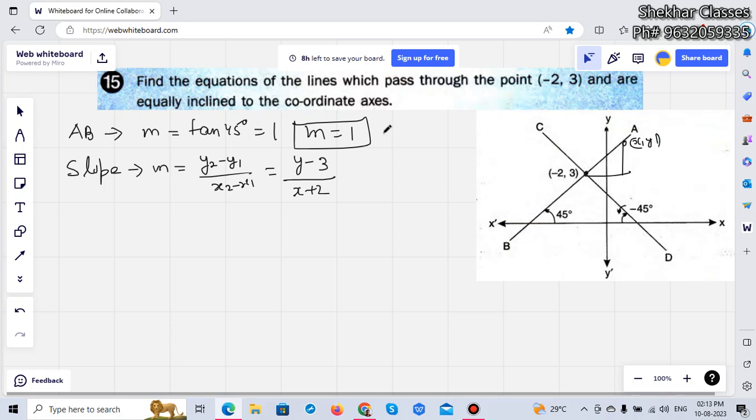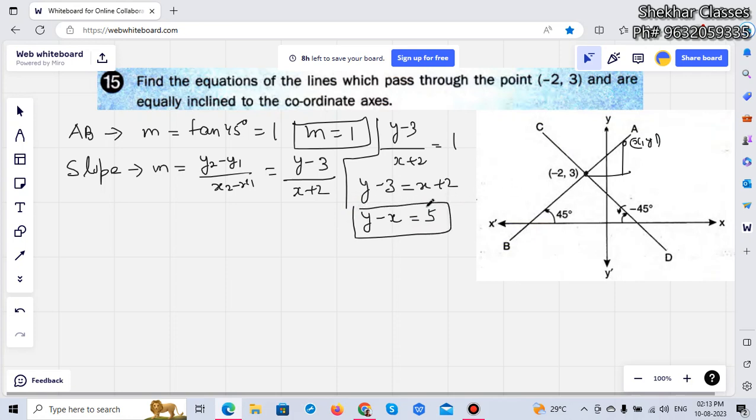And when we equate the slope, we get the equation here. So y minus 3 upon x plus 2 should be equal to 1. So y minus 3 is equal to x plus 2, so y minus x is equal to 5, and this is the equation of the first line AB.